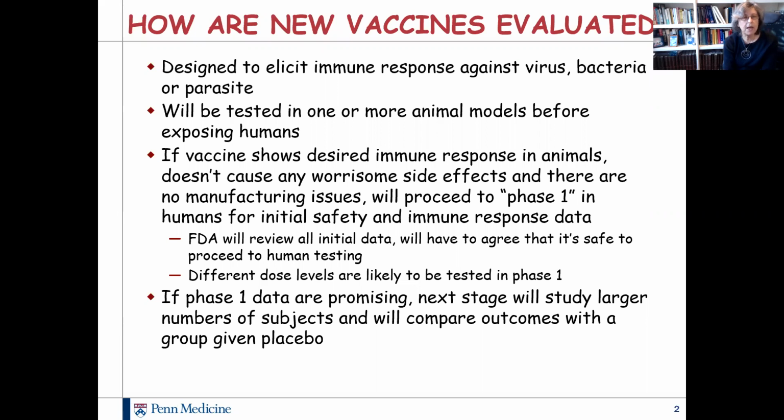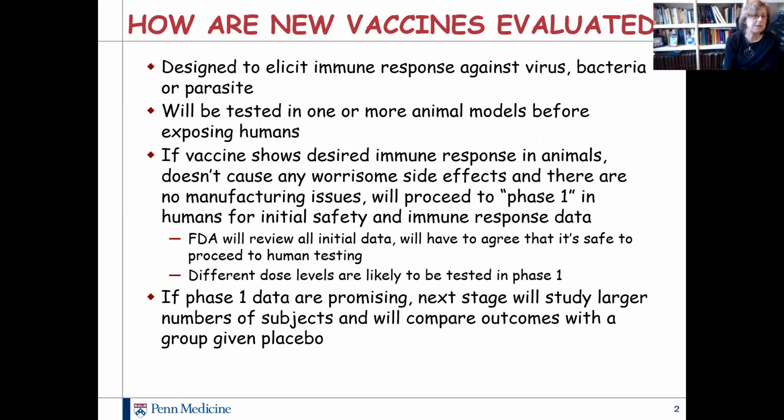But once all that's okay, the studies will proceed to humans to look for initial safety and immune response data. The FDA will work very closely with the manufacturer, looking at the protocol, agreeing that based on all the animal data it's safe to proceed to human testing.